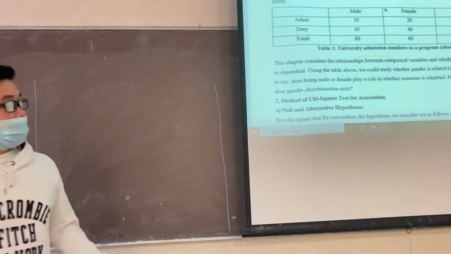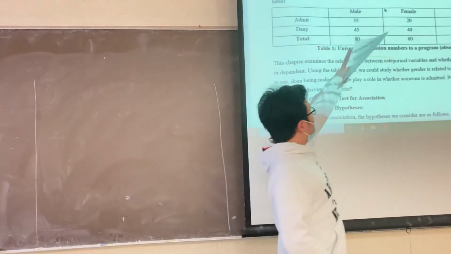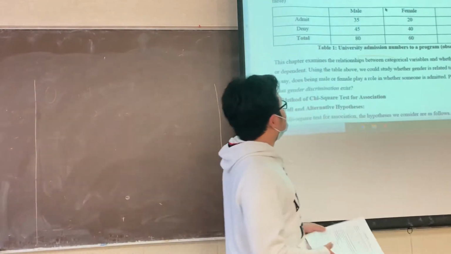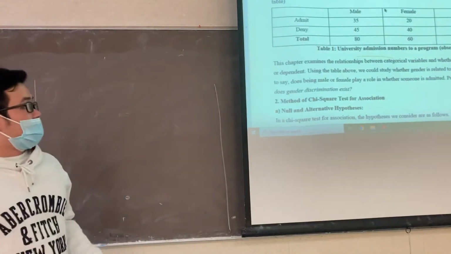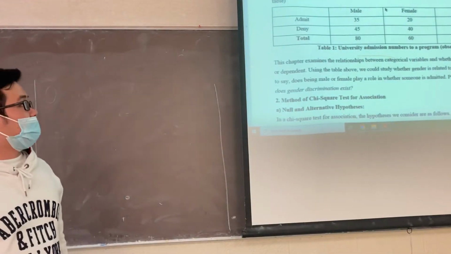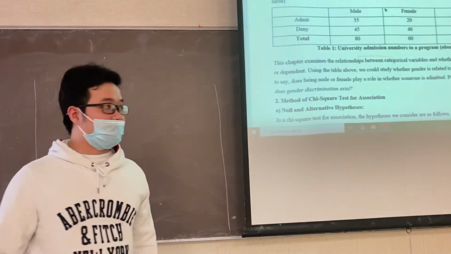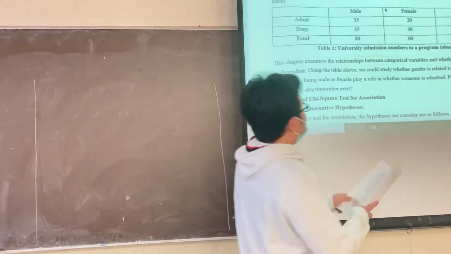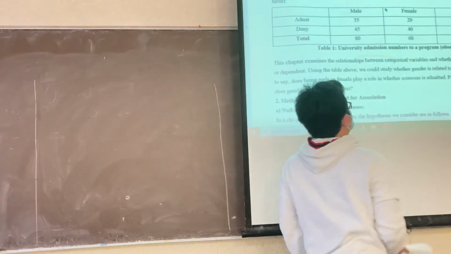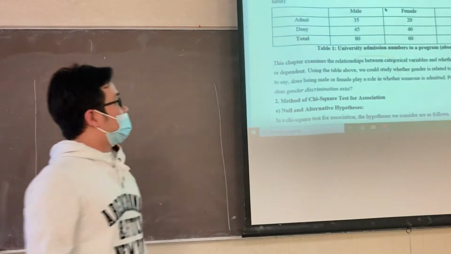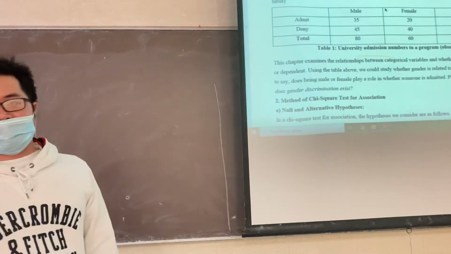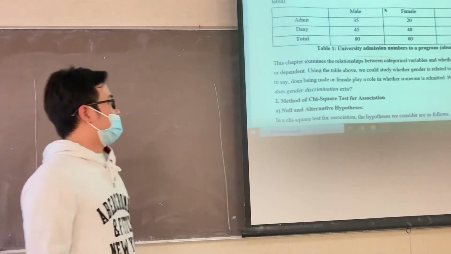The number 45 represents the male students who are denied when they apply to university. And 20 is the number of female students who are admitted.